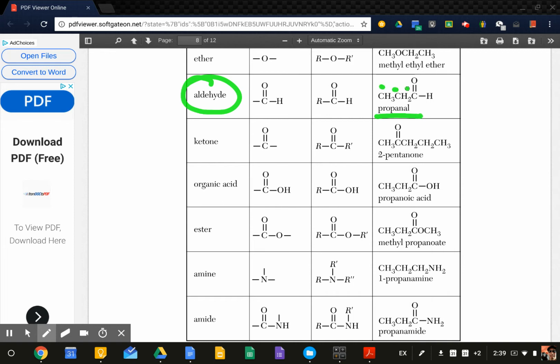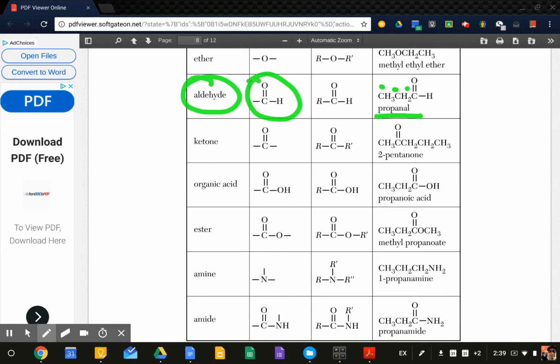Prop is the prefix for 3 carbon atoms. What makes a substance an aldehyde is that you have a carbon atom double covalently bonded to an oxygen with 1 hydrogen also covalently bonded at the end. An example of an aldehyde is formaldehyde, which is what people used to use to preserve dead bodies. It's a preservative, formaldehyde.